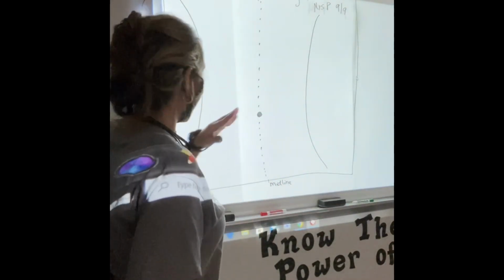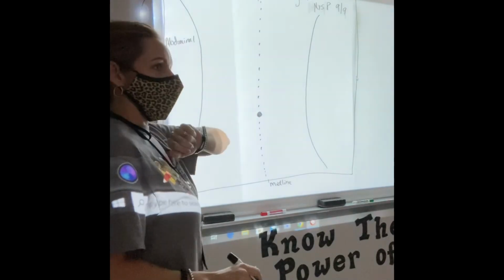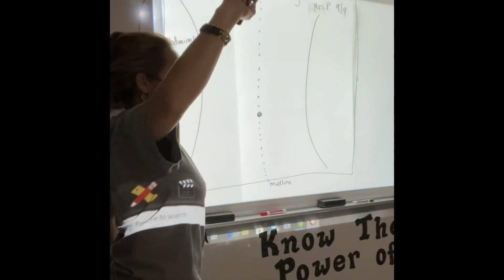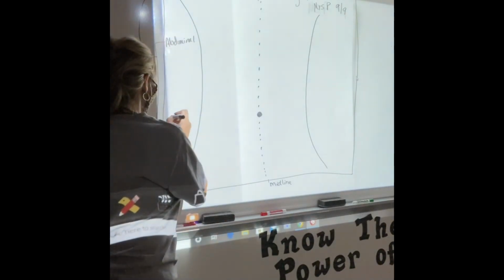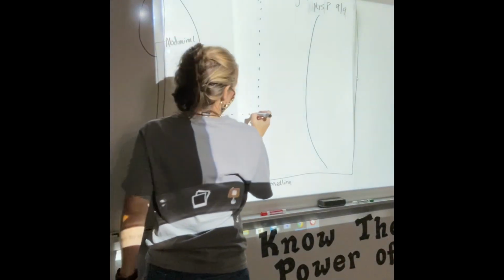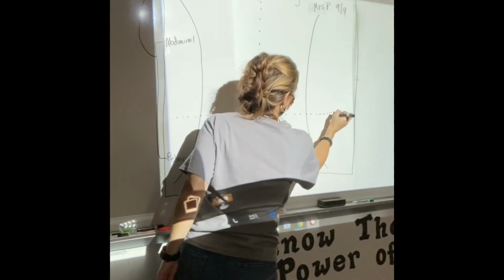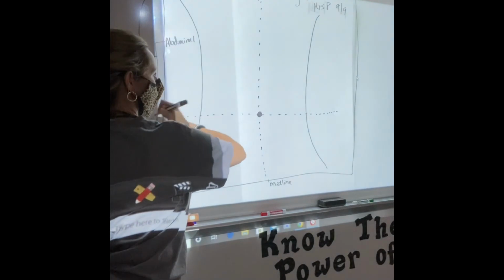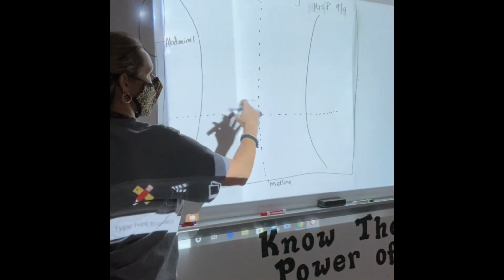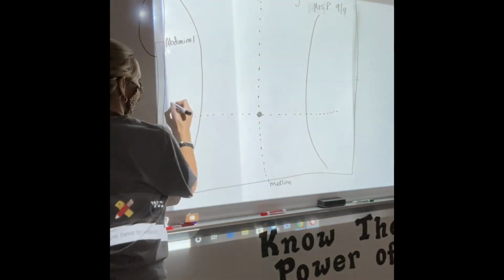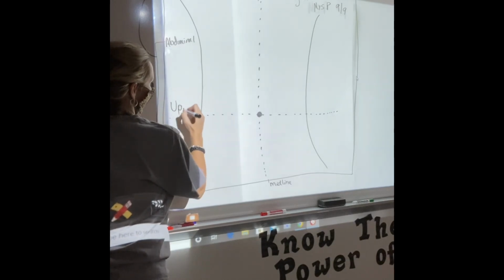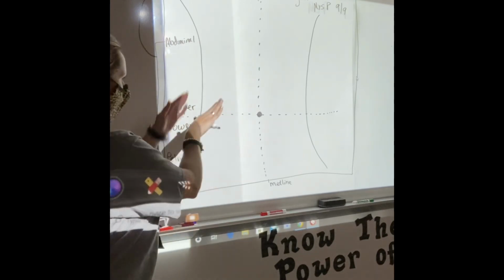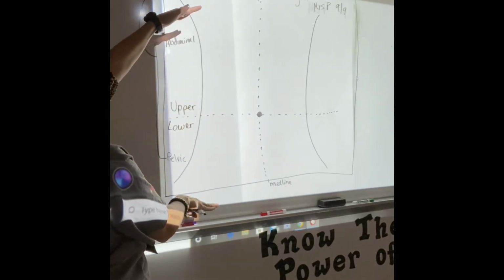So I want you to think about the belly button as the opportunity that when we say, oh yeah, transverse, that belly button is where we're going to do our transverse plane, and it's the one that divides the body in what we have as an upper and a lower two planes.